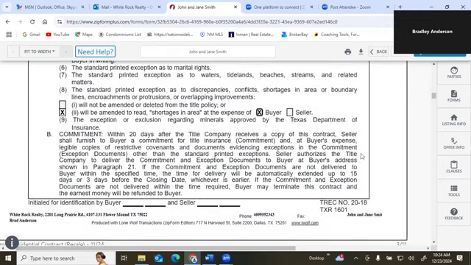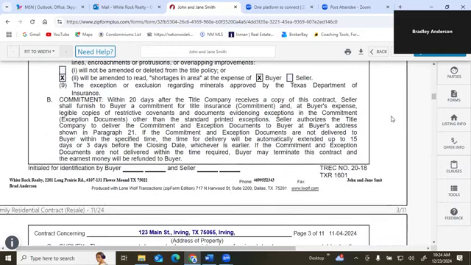Now, it goes on to say that the title company has 20 days to get the title commitment. So I'm mentioning that because agents seem to think that the quicker you can close a property, the bigger the hero you're going to be.